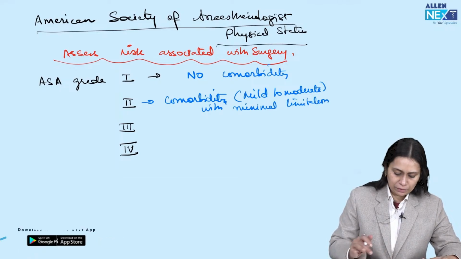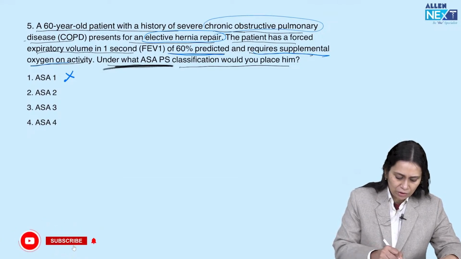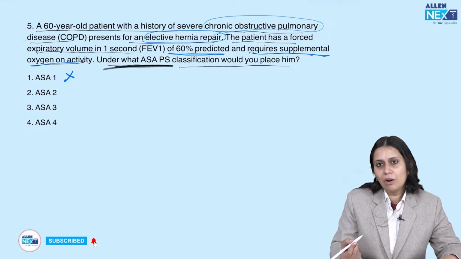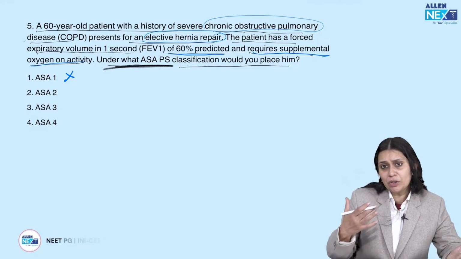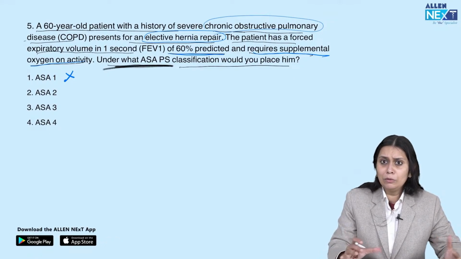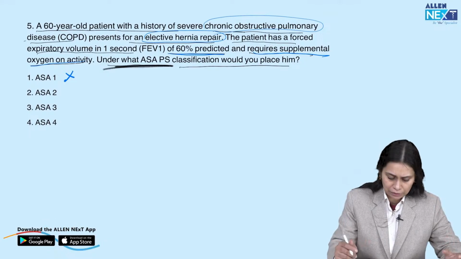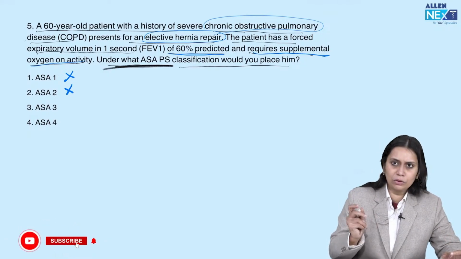So in this question, the patient has FEV1 60% of the predicted, which is less than predicted, and requires supplemental oxygen therapy on activity. So on activity, the patient requires oxygen. So it is not a minimal limitation or no limitation. There is a limitation on his physical activity. So ASA grade 2 also goes away.